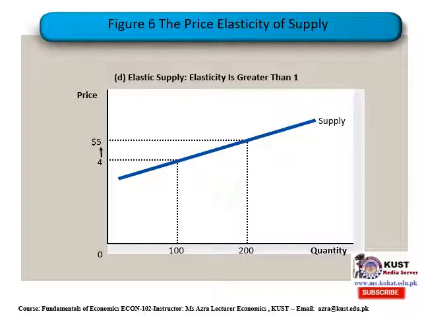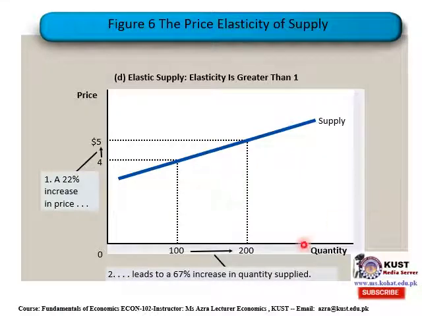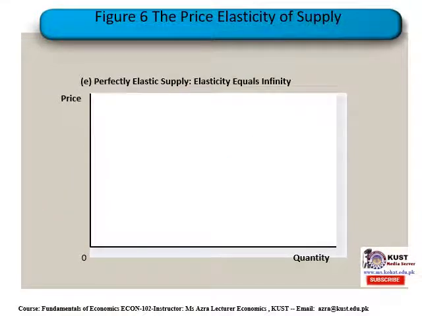Also, if there is a decrease in price level from 5 to 4, supply will respond more compared to the change in price level, and our supply will decrease from 200 units to 100 units. Here you can see that a 22% increase in price level leads to a 67% increase in quantity supplied. This is an elastic supply curve, and here elasticity is greater than 1.